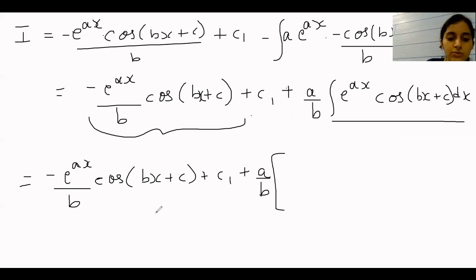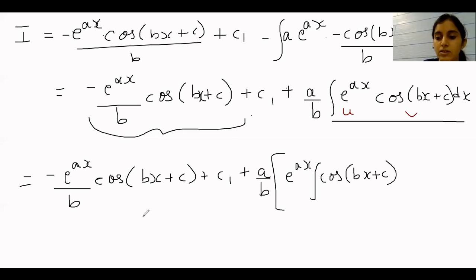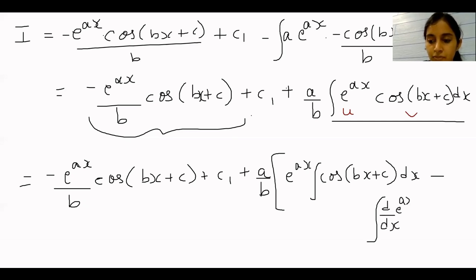Let's say we will call this u and this v. So first term e raised to ax, u integral v dx, so integration of cos of bx plus c dx, minus integration, and then we write du by dx. So d by dx of e raised to ax into integral of cos of bx plus c, and this whole thing into dx.